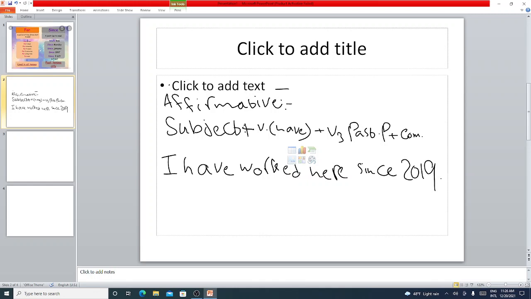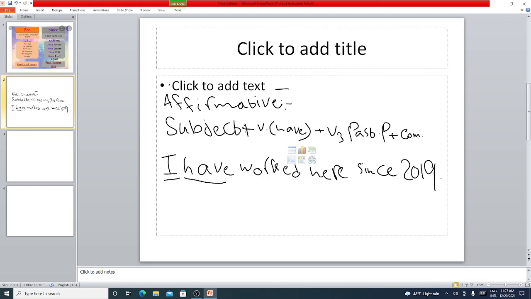Okay, so again, I is the subject, have is the verb to have, of course based on the subject, because the subject is the first pronoun I, so we must use have. Using have here is a must. We can't say I has, you has.